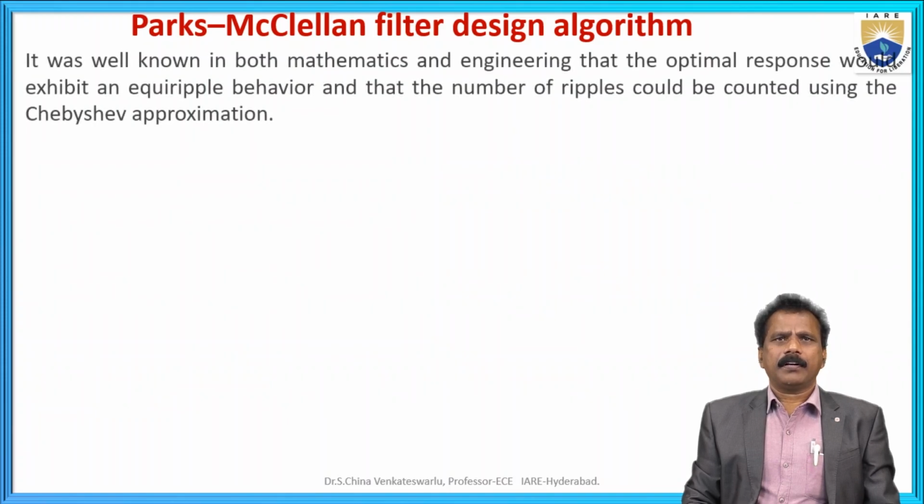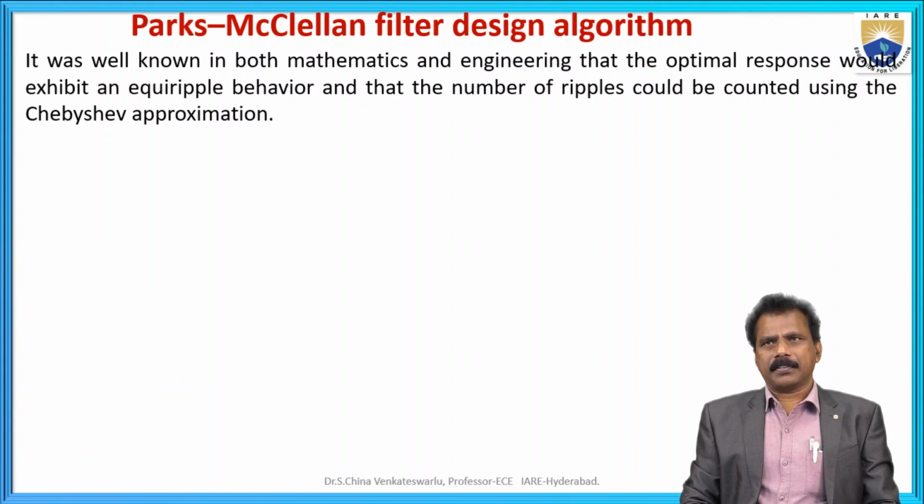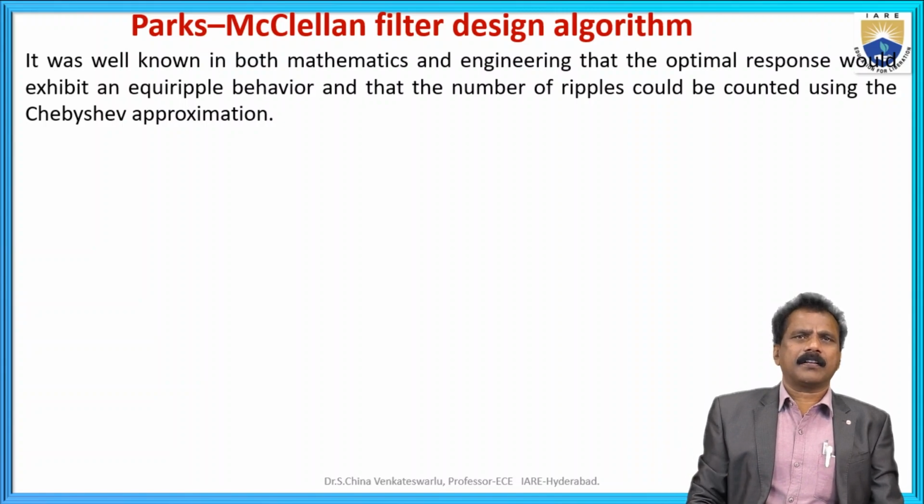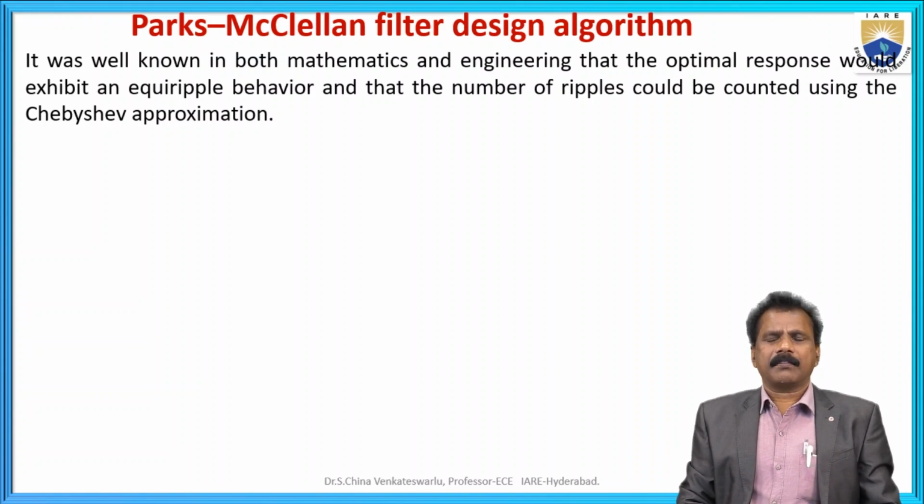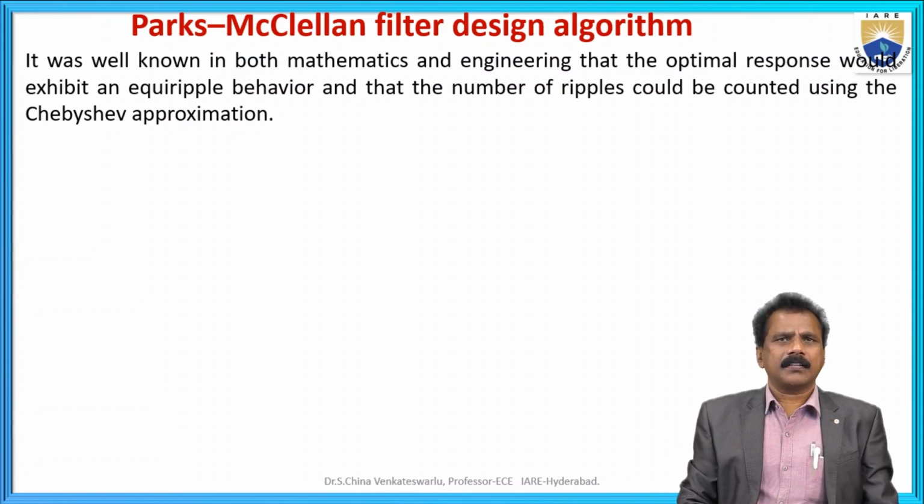Now, it was well known in both mathematics and engineering that the optimal response would exhibit an equiripple behavior, and that the number of ripples could be counted using the Chebyshev approximation.